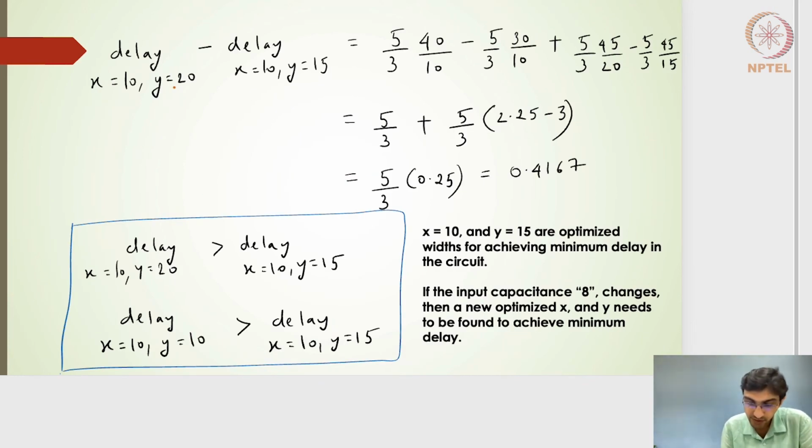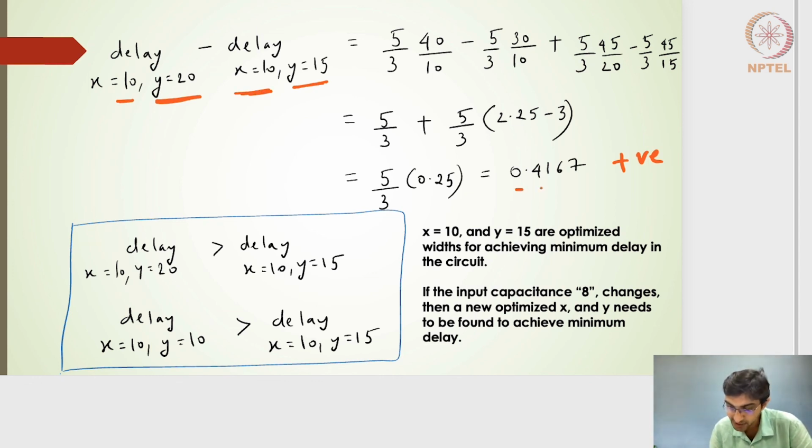What if I use a y is equal to 20 value? So in the last case, we had taken y is equal to 10. That is the first case. In the second case, I'm going to take a higher value of y, keeping x the same as 10. It turns out that even if I have y is equal to 20 here, it is a positive difference. So that means y is equal to 20 and x is equal to 10 is going to give me a delay which is more than y is equal to 15 and x is equal to 10.